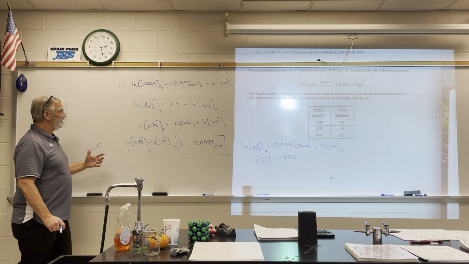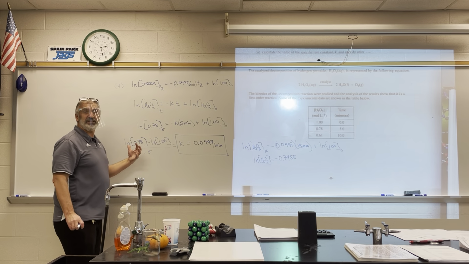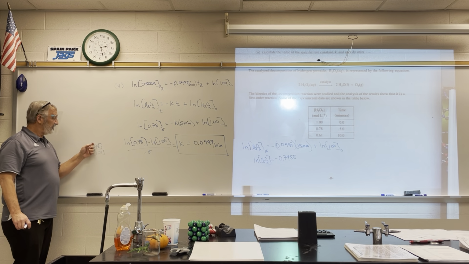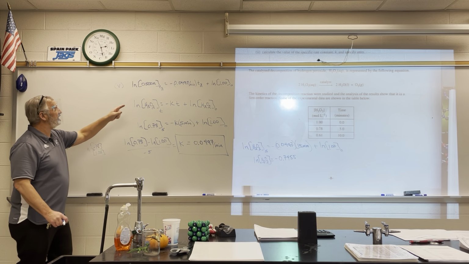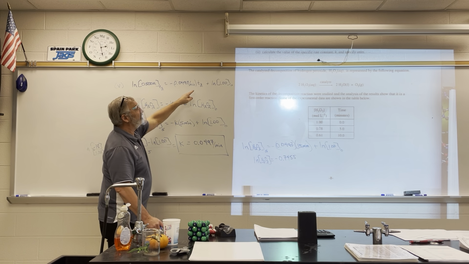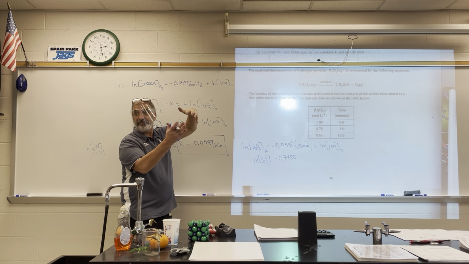It's always going to come out to that number because when you're doing half-life, these concentrations are always going to be 0.5 over 1. It's always half of the original amount.